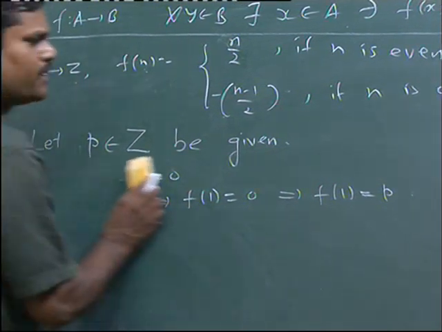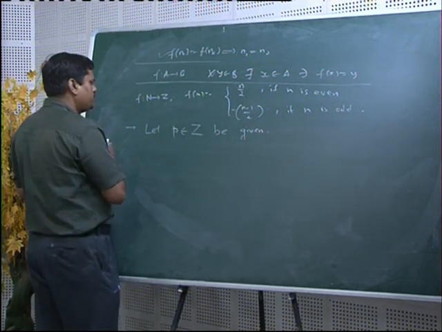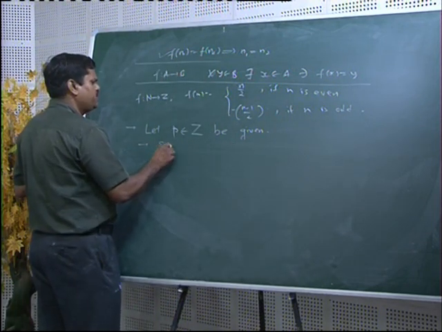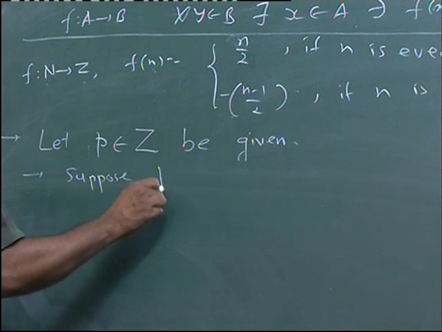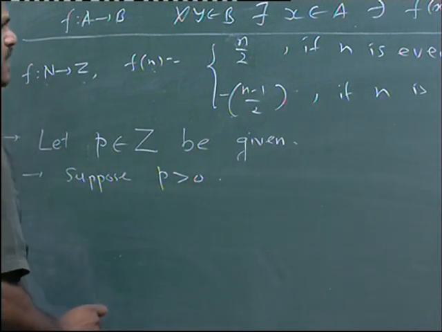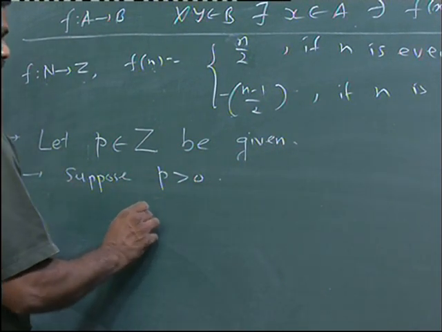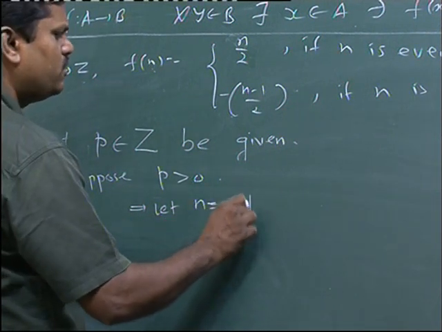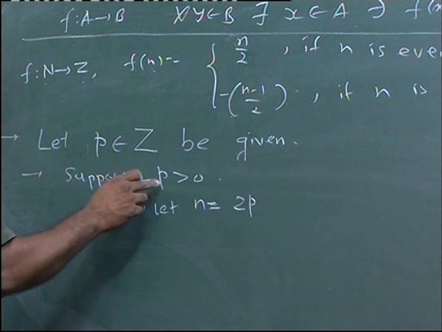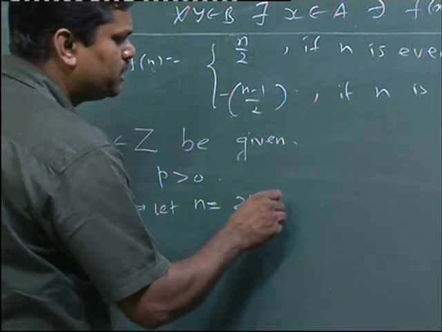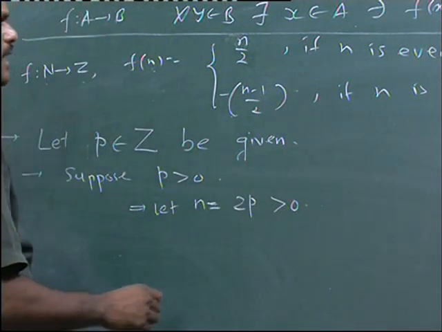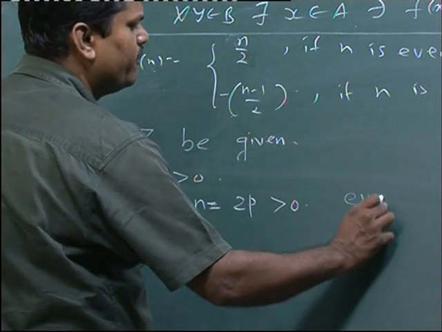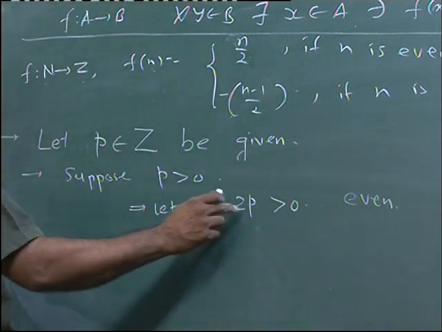Now, let us take p greater than 0. Suppose p is positive, means p is a positive integer. In this case, I am defining a new number n equal to 2p. If p is a positive integer, 2p is also a positive integer, and not only that, it is an even number, because p is an integer and 2 into p is even.